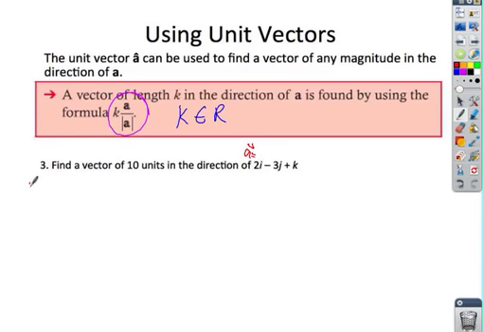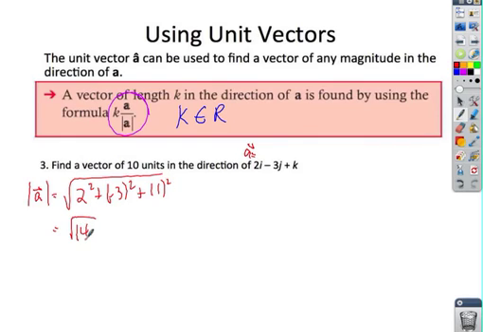So the first thing I'll do is find the magnitude of A, which is the root of just the squares of the components again. 2 squared plus negative 3 squared plus 1 squared, which adds up to 14, okay? And the unit vector A is equal to, again, 1 over root 14, and then either in its component form or column vector form, 2, negative 3, 1.